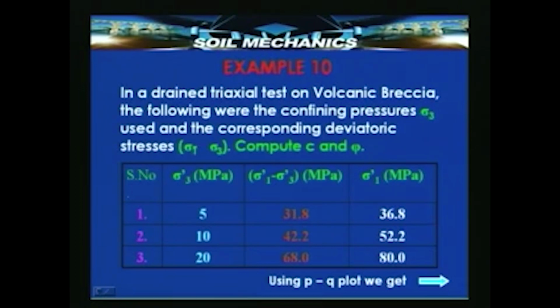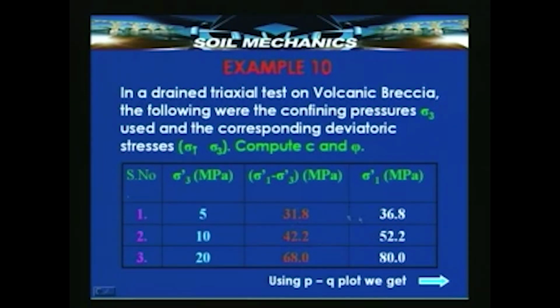So, in a drained triaxial test on a volcanic breccia, we get values of sigma 3 and deviatoric stresses, sigma 1 minus sigma 3, which are much higher than what are usually obtained in the case of soils. So, if sigma 3 dash is 5, 10 and 20 megapascals, deviatoric stresses are 31.8, 42.2 and 68 megapascals, then sigma 1 dash will be 36.8, 52.2 and 80 megapascals.